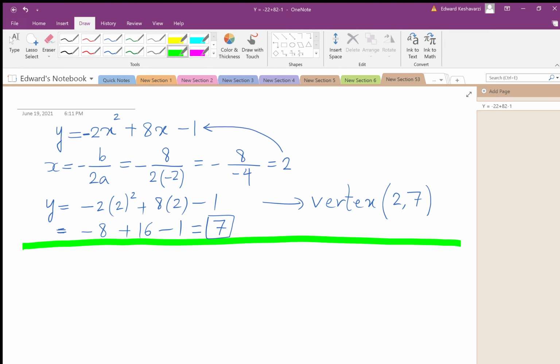So another interesting case of quadratic functions is the vertex form.